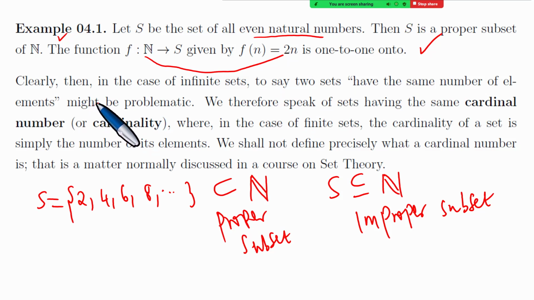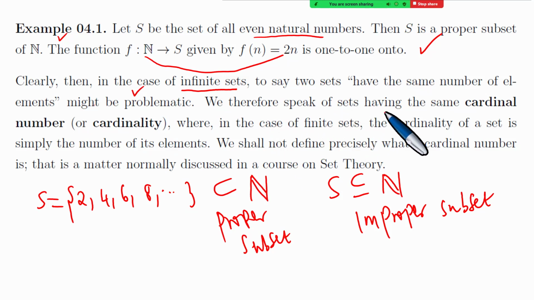Let's justify this. Clearly, in the case of infinite sets, to say two sets have the same number of elements might be problematic because the sets are infinite. Can they have the same number of elements?